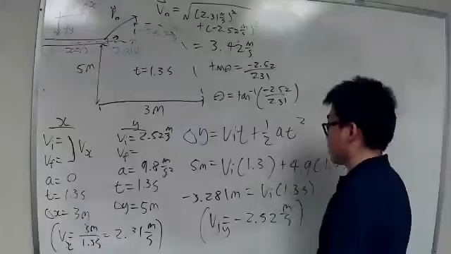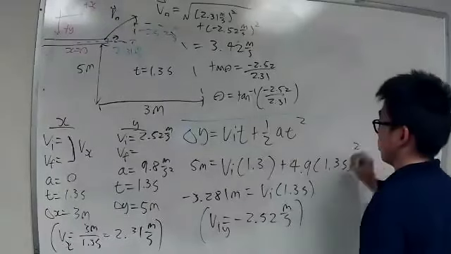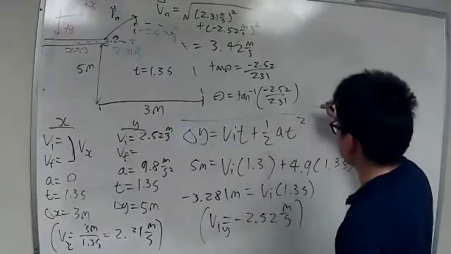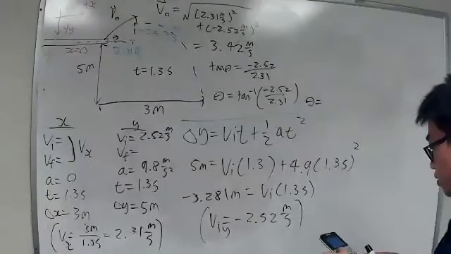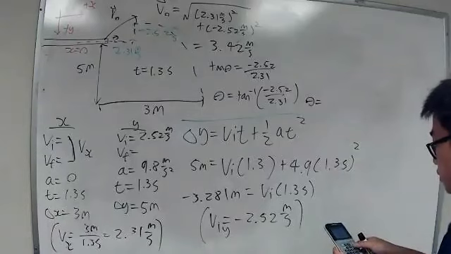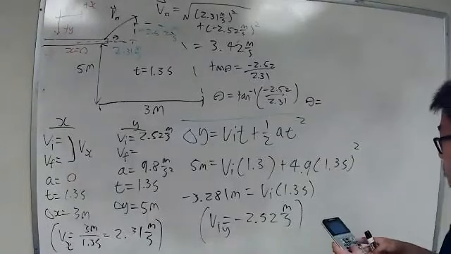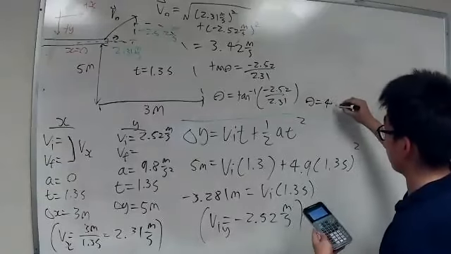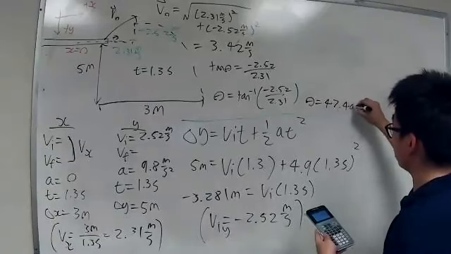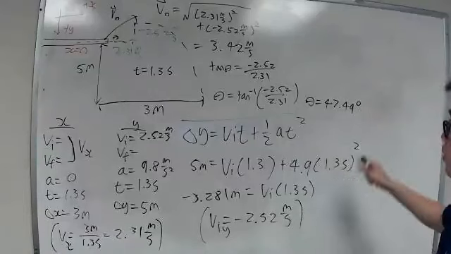So what is the angle? The angle is arctangent of 2.52 over 2.31, which is 47.49 degrees. If I use the whole number, it's around there.